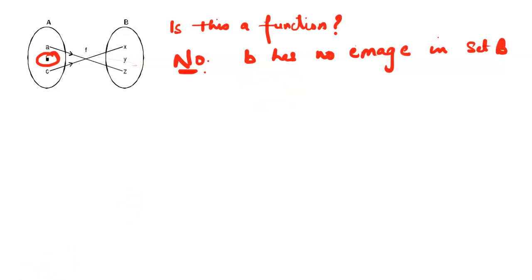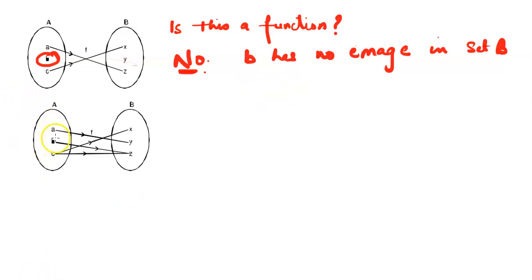Let's take another example. In this example, you have A, B, C. All of them have some image in B. Again, the question remains the same. Is this a function?